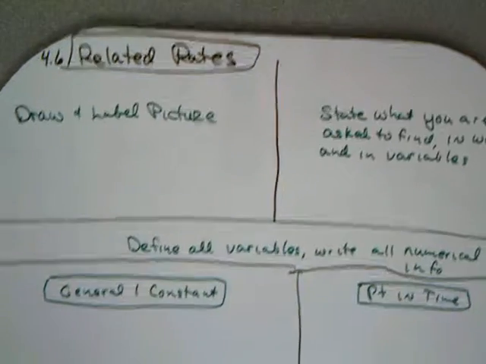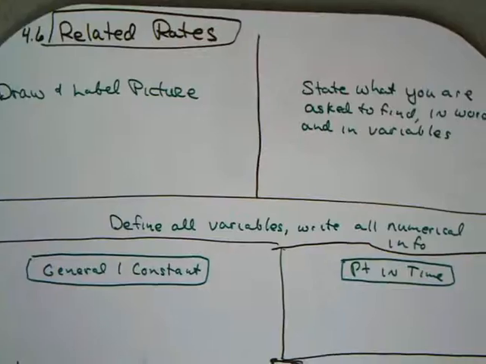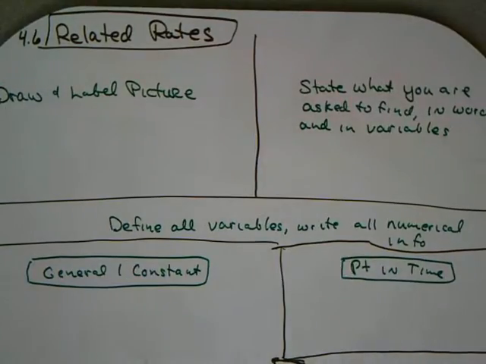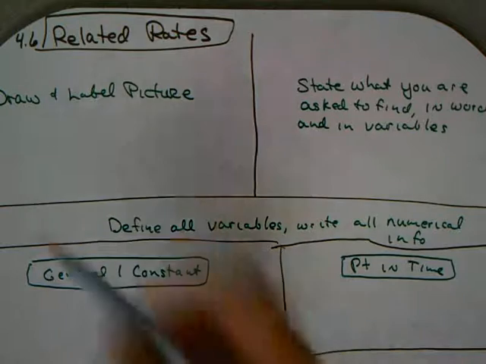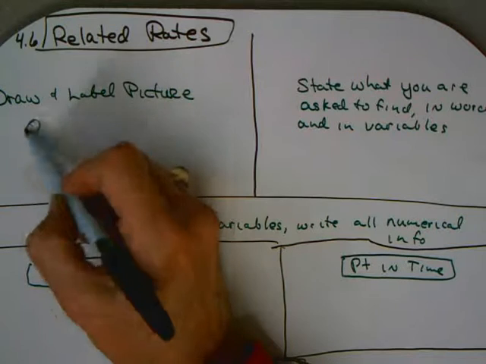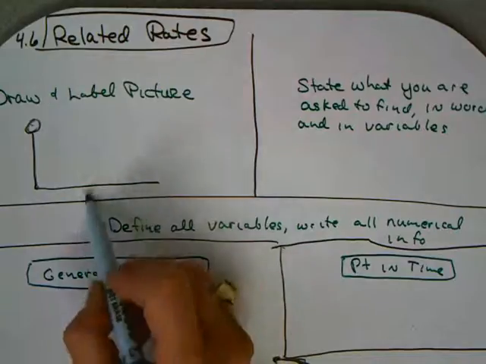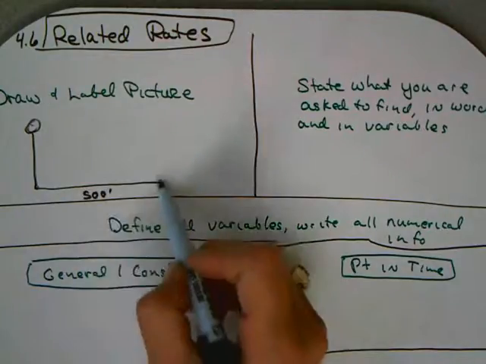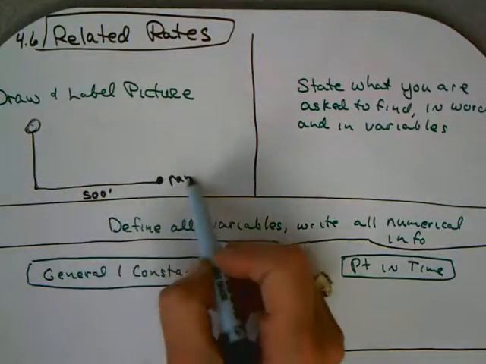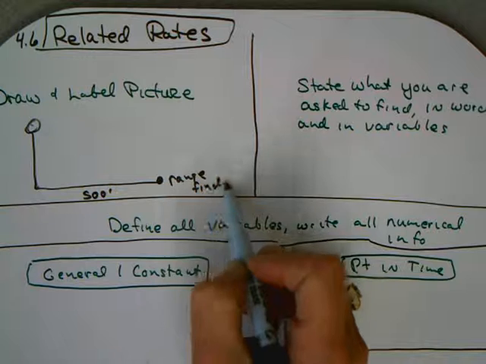Well, what we're given in example 2 is a hot air balloon that's rising. So we have a balloon, and it's coming up from a liftoff point, and 500 feet away from it is a rangefinder. And it's got its bead on the balloon. Let's make a little bigger balloon so it reaches it.